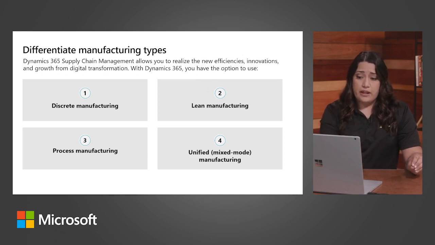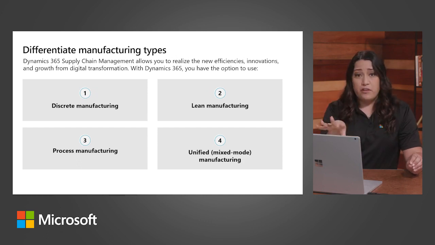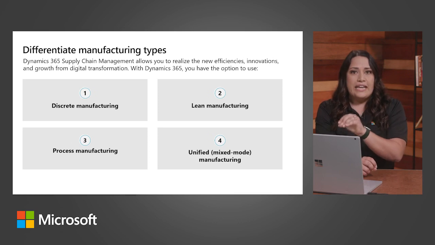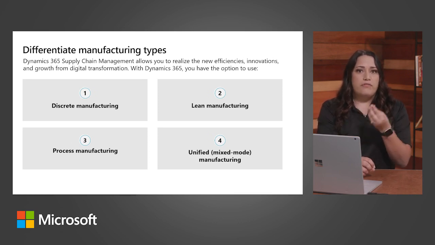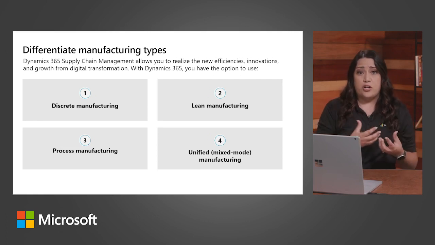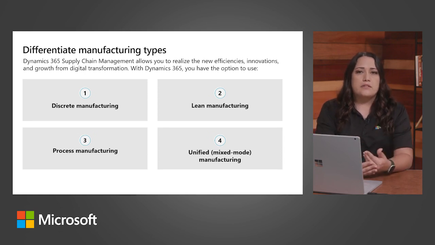But let's go ahead and loop back and talk about lean manufacturing. Lean manufacturing was developed by the Toyota Motor Company, and it was called the Toyota Production System. The word lean here is used in the sense of thin, basically meaning that you have no waste, or you're taking out the elements in the production process that aren't adding value to the overall finished product.